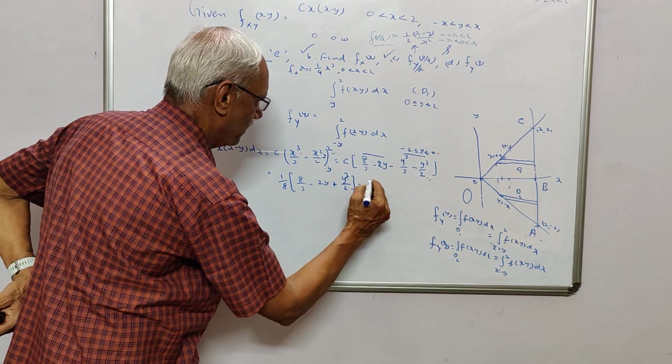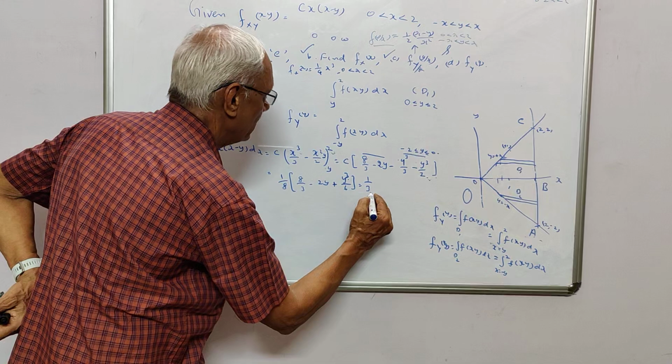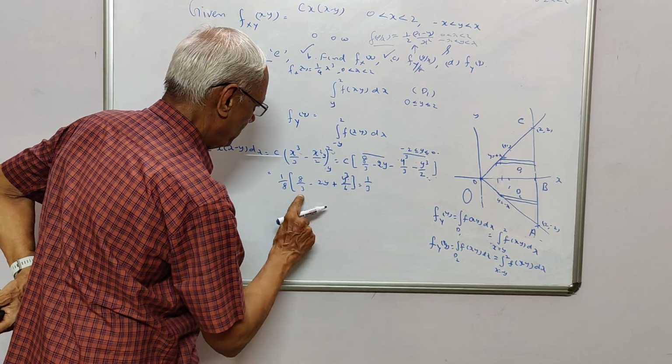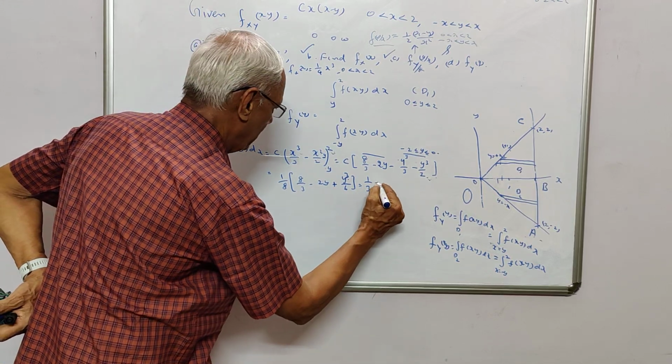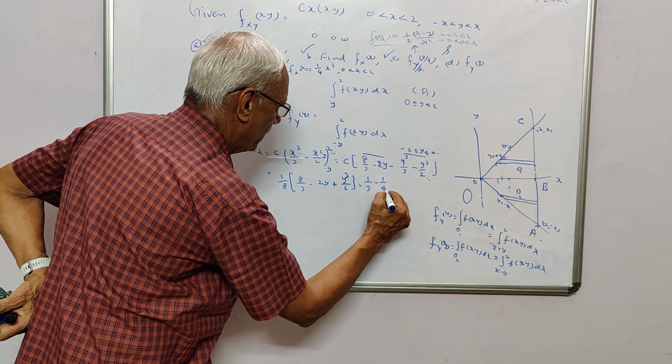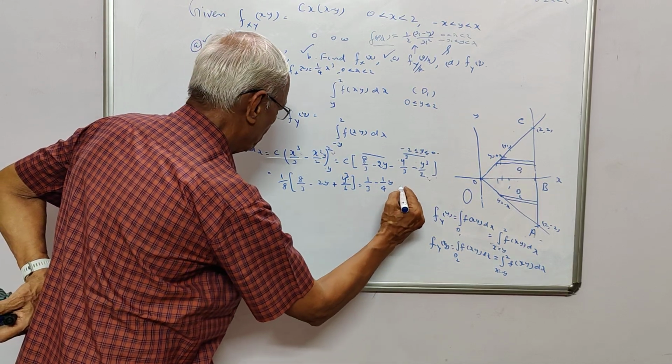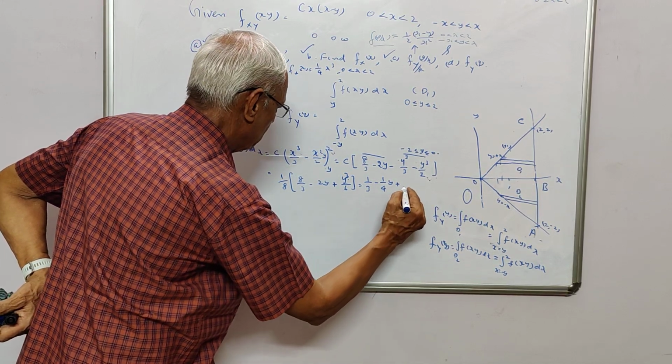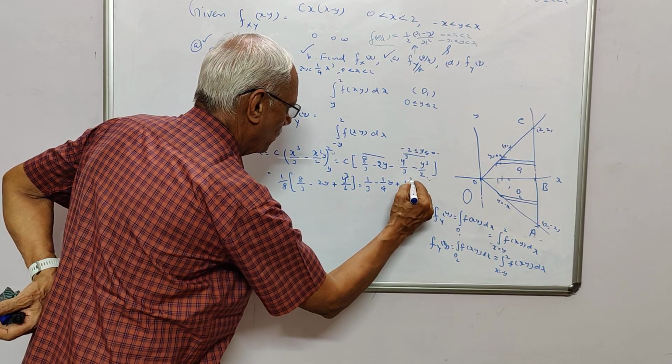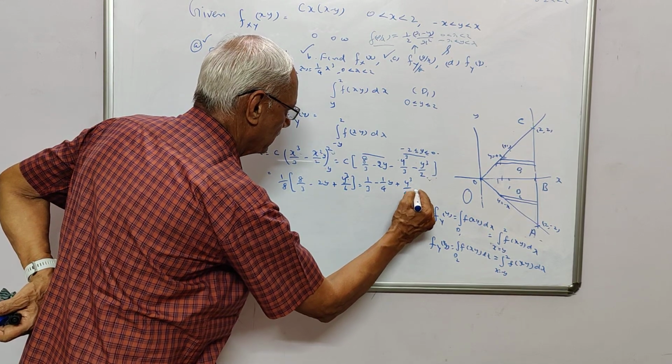So when you take this 1 by 8 inside, it is 1 by 3 minus 1 by 4 of y plus y cubed by 48.